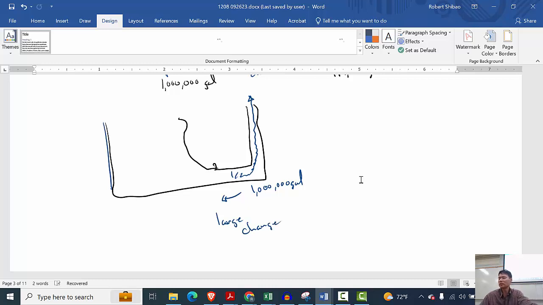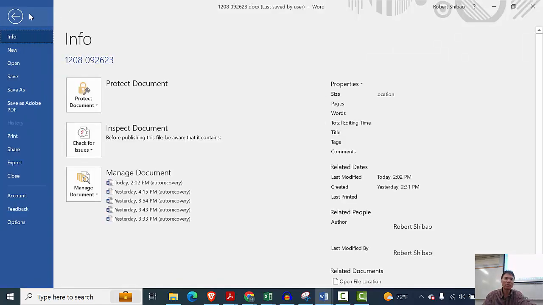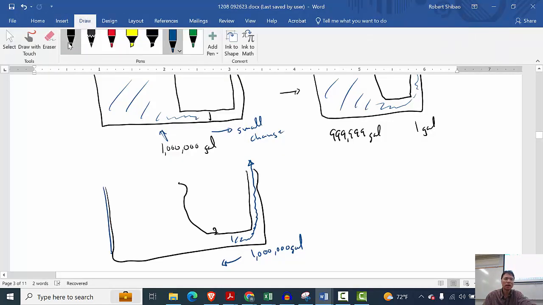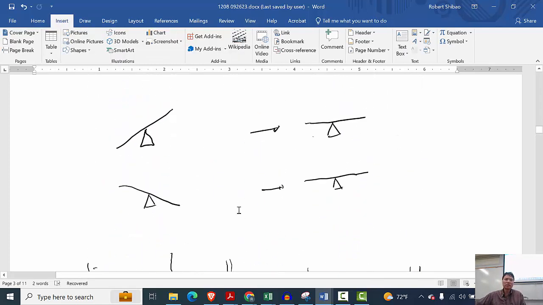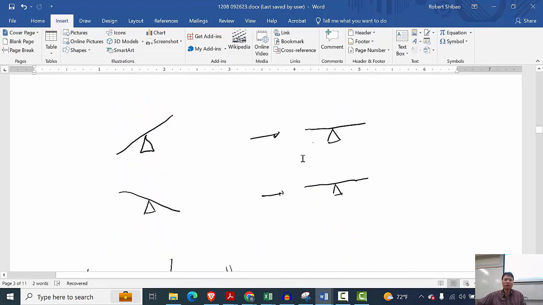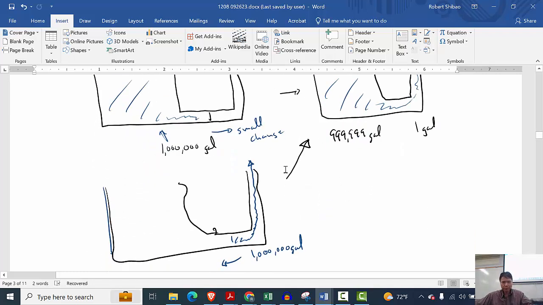Because in this very large change, 999,999 gallons will have to drain out to the left. And we end up with the same equilibrium. So as long as we start off with 1 million gallons, it doesn't matter if we start from the left or start from the right. It's just like this seesaw. We're going to reach the same equilibrium. Well, the same thing here. I just have to make sure I don't lose any water or add any water to it, and then I should end up at the same place.